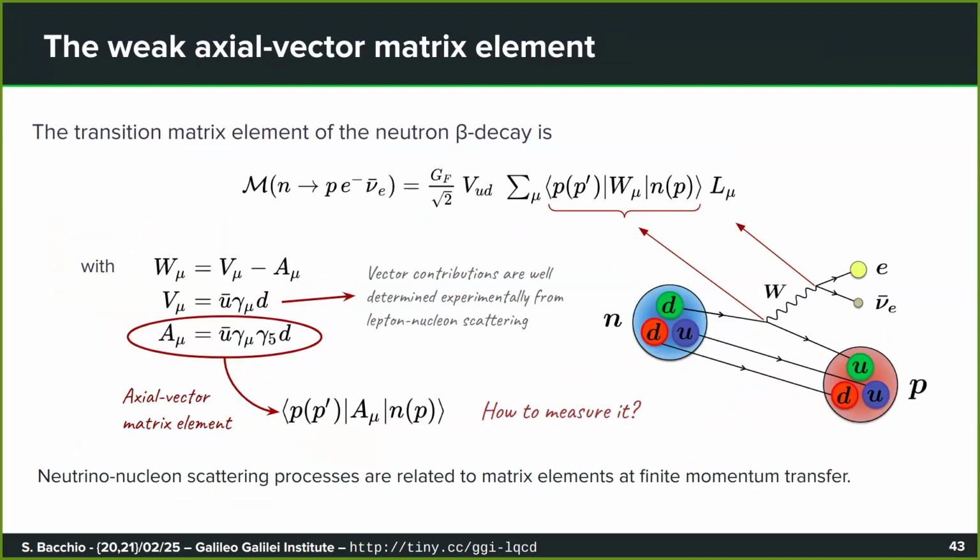Now you may tell me, but on the lattice you're simulating only QCD and not weak interaction, QED, etc. Fine. We don't need to, though, because what we are interested in computing is this end of the diagram, the case where a nucleon interacts at some point with a boson that has a certain quantum number, gamma mu in this case.